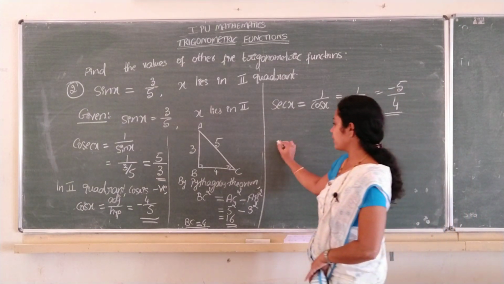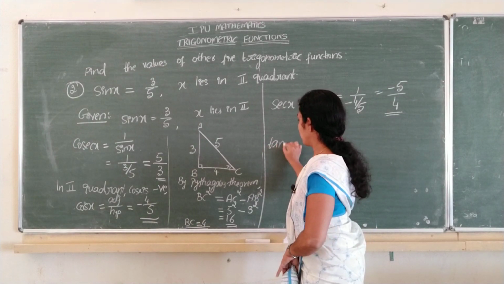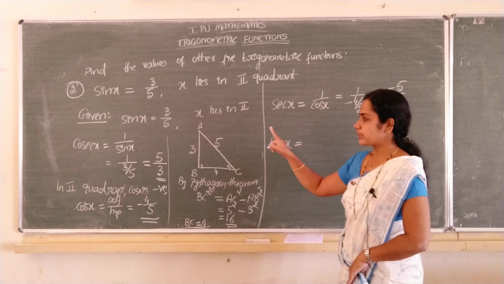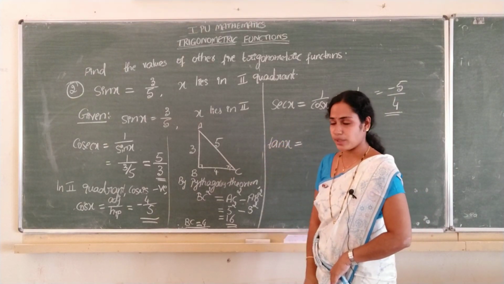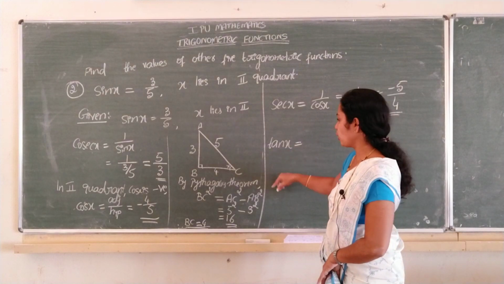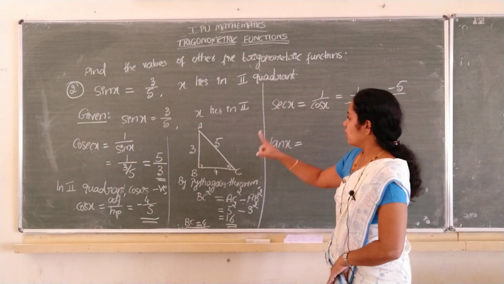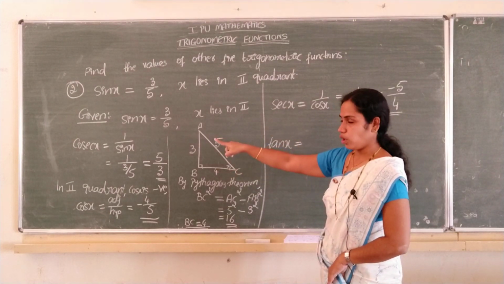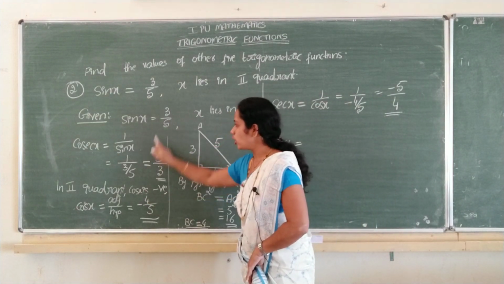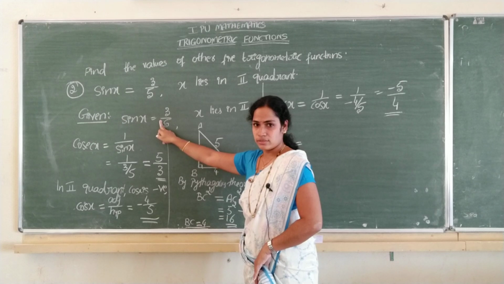Next we need tan x. In the second quadrant, sin is positive and cos is negative, so tan is also negative. If you are taking sin by cos, automatically you will get a negative sign.